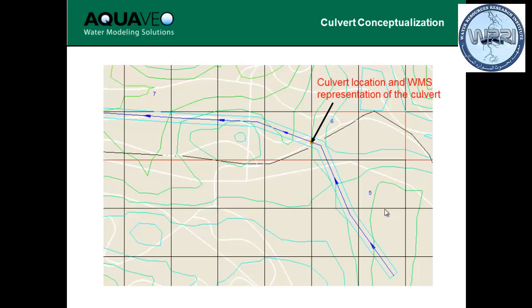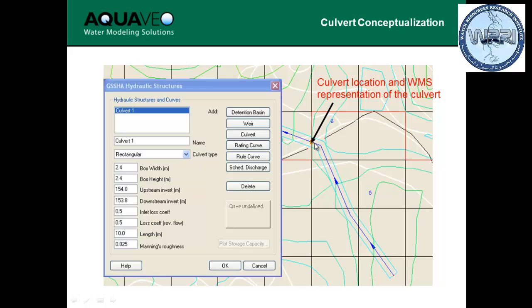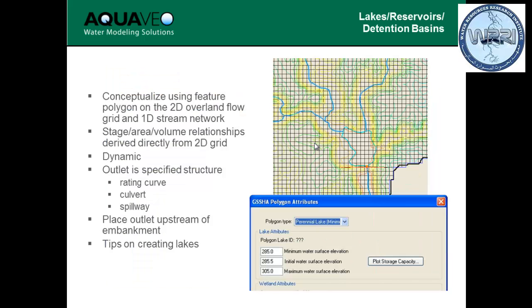I can use it to represent culverts. Here I have a culvert on my stream, and I can define the culvert parameters in WMS, and then it saves that out to GSSHA. I could also use embankments to represent lake embankments or reservoir detention basin embankments, like you were mentioning.